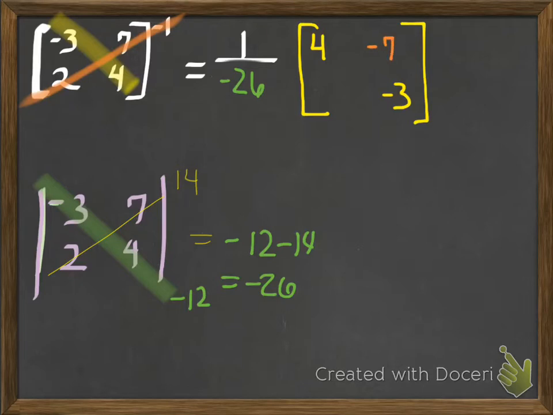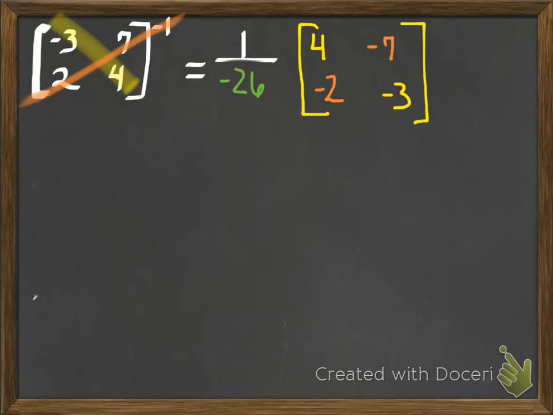So they stay in their location, their sign just changes. So we have 1 over our determinant times that new rearranged matrix.